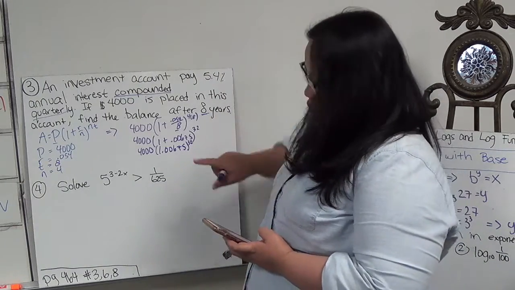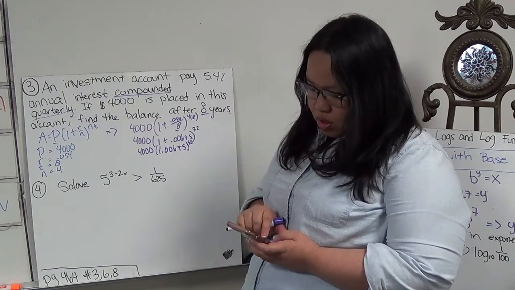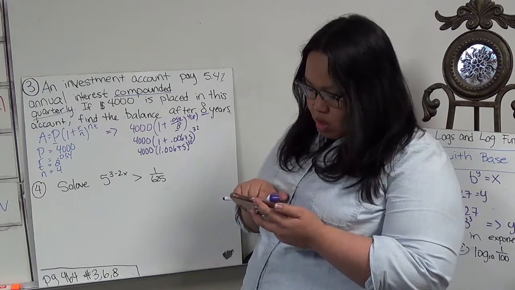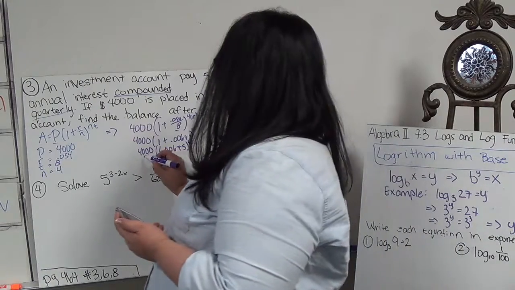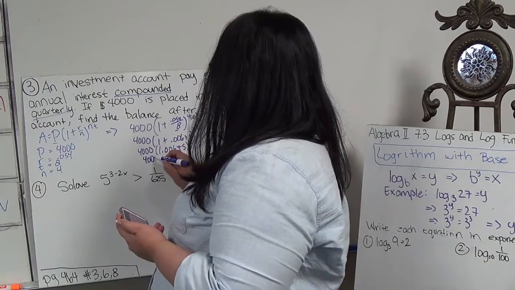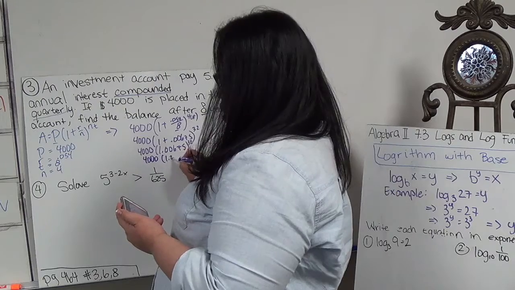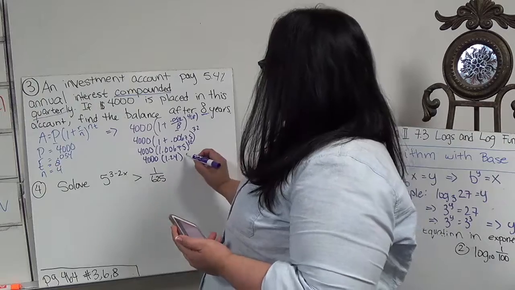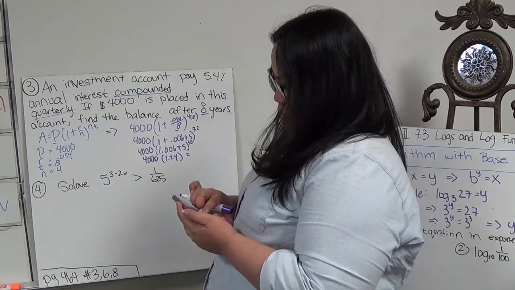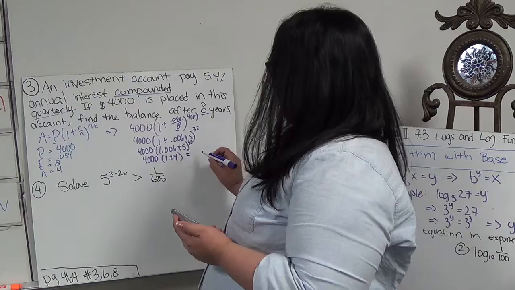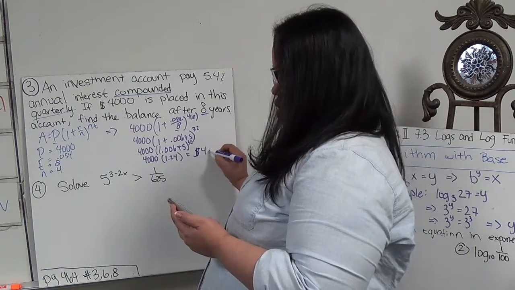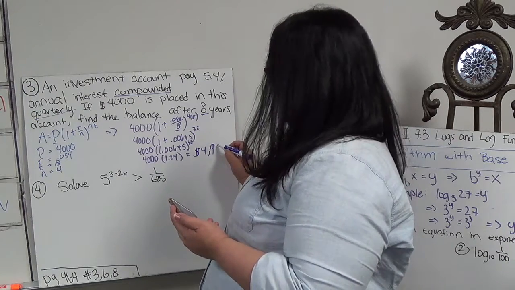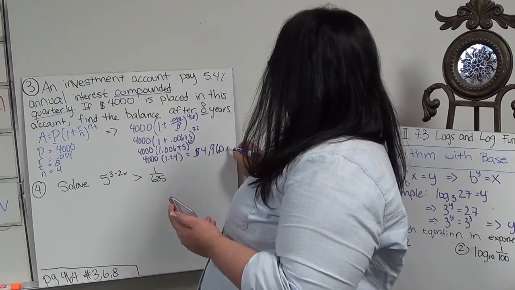So order of operations says I'll do powers first. So I'm going to do it to the power of 32, which is 4,000 times 1.24, which is 4,960.80.